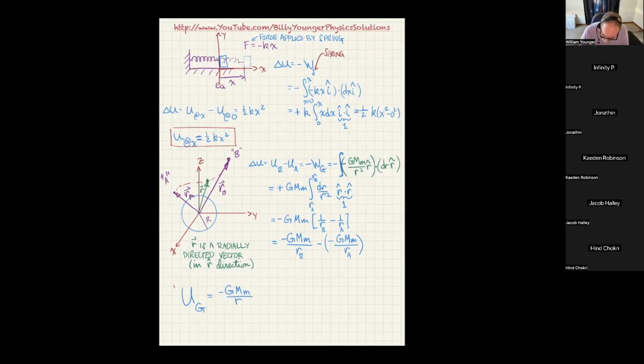if you're interested in finding out what it will be at any distance R, not just not very far from the surface of the Earth.